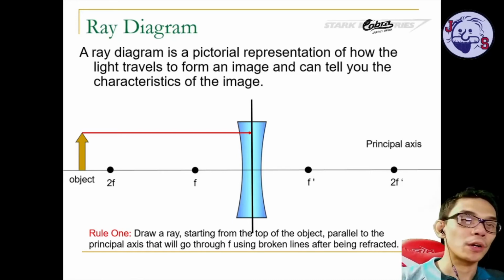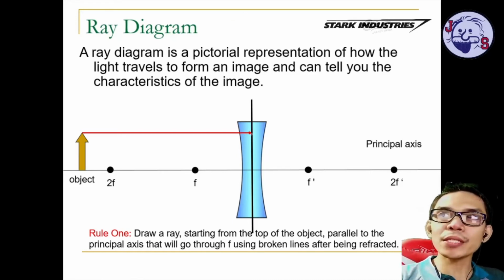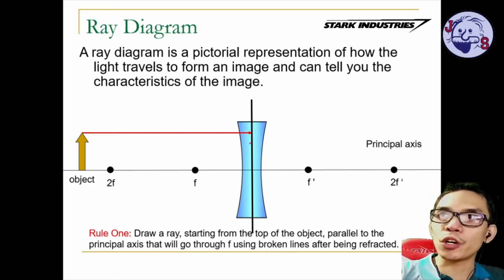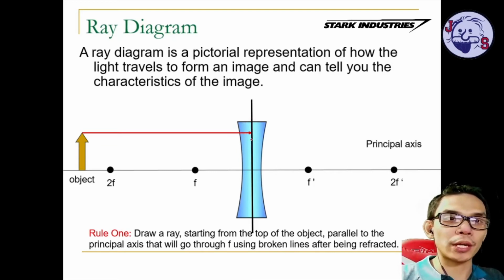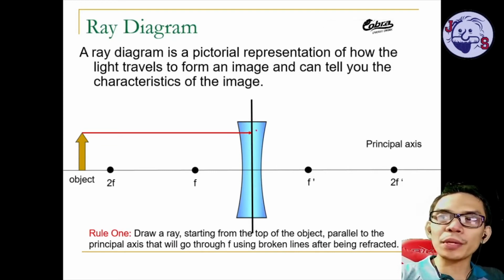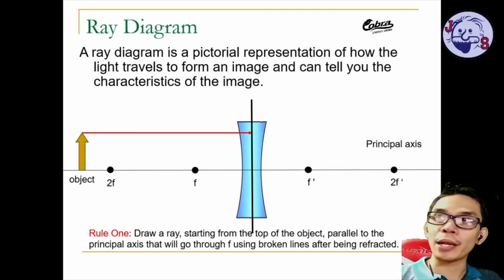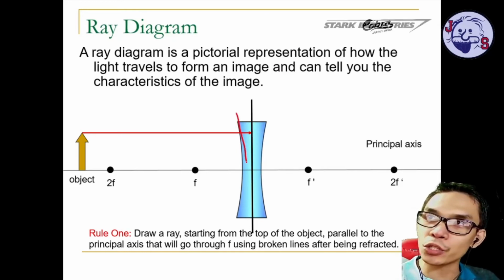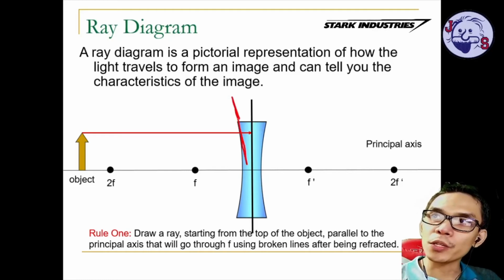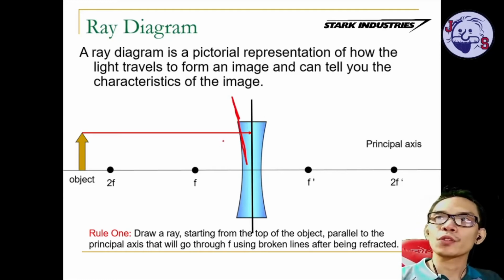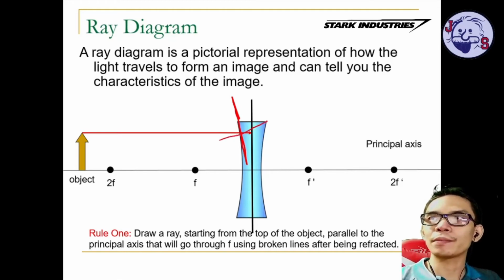Okay, so let's take a look. As you can see here, the thicker part of your concave lens is on the top. So the ray will likely be deviated towards the normal line, and because of the angle that you have right here, this is your normal line.